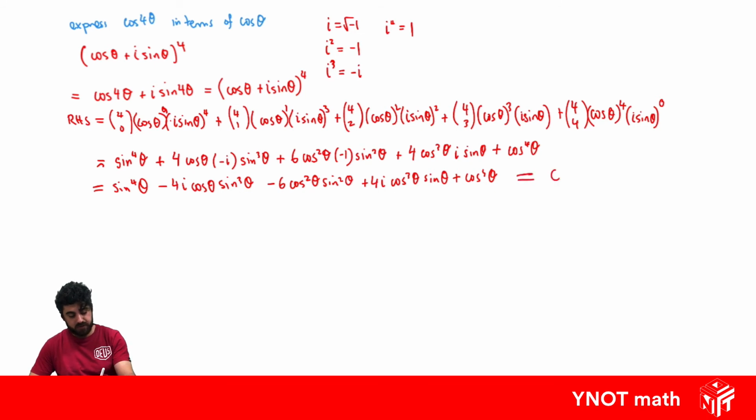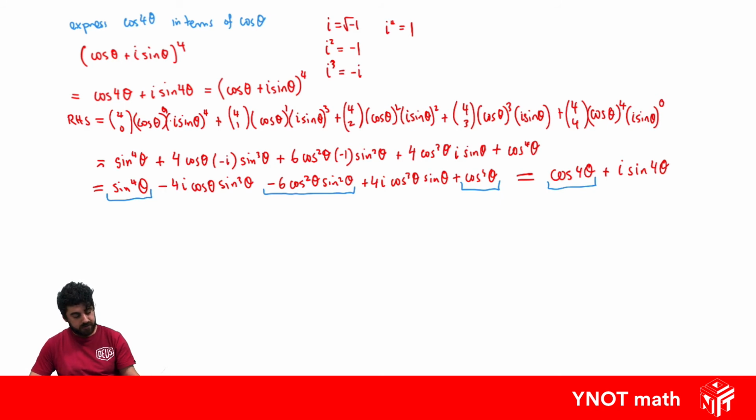So if all of this equals cos 4 theta plus i sine of 4 theta, what we can do is equate the real parts with the real parts and the imaginary parts with the imaginary parts. So we need to see which parts are real. So that's all the things without the i. So that's this, and this, and all of those added together will equal this real part over here.